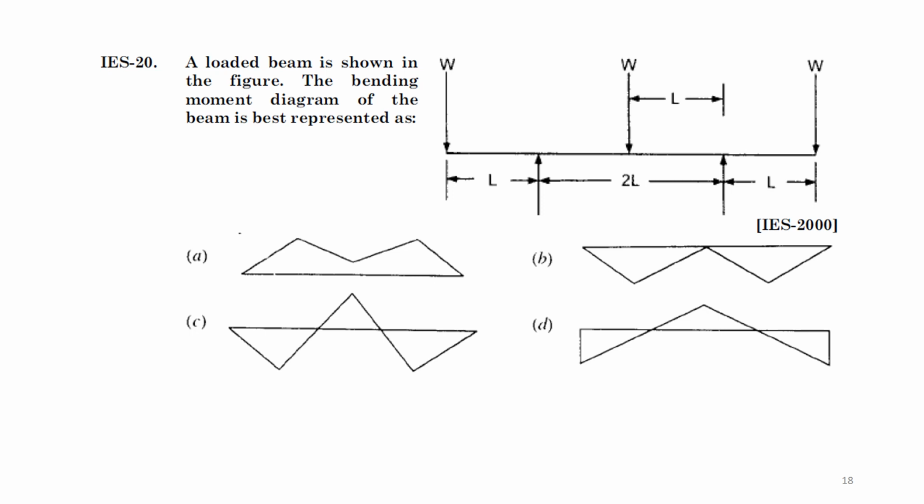Next question, this loading condition is given, and they are asking: a loaded beam is shown in the figure, the bending moment diagram of the beam is represented by which option? This is our loading condition, and the question asks what is the bending moment diagram for this particular loading.